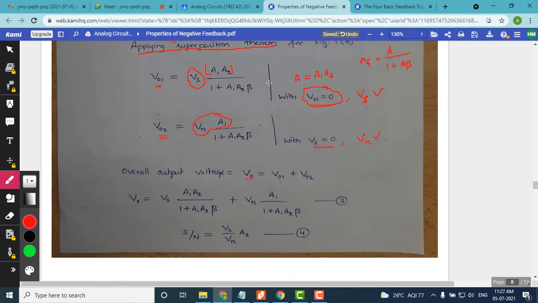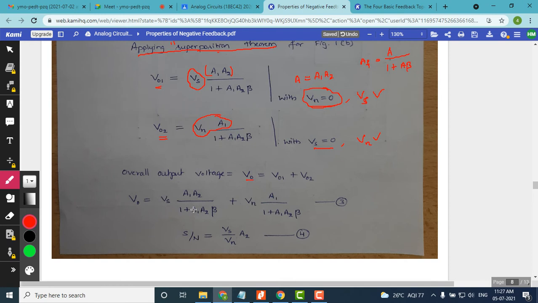Now let us substitute the derived equations into the overall output voltage equation. V0 is equal to Vs into A1 A2 divided by 1 plus A1 A2 into beta, plus Vn into A1 divided by 1 plus A1 A2 into beta.